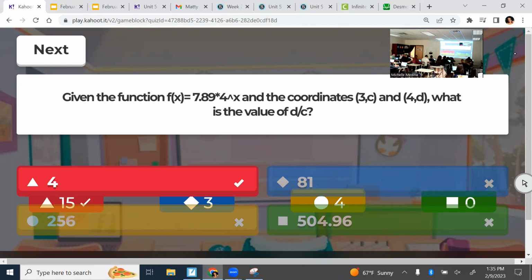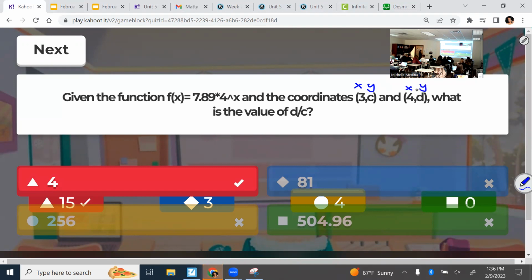So to solve this, you need to know that coordinates are always in what order? X and then Y. So when it gives us the coordinates, I know 3 is the X, and C is the Y, or the output when we get 3. And then 4 is an X, and D is the Y when X is 4.